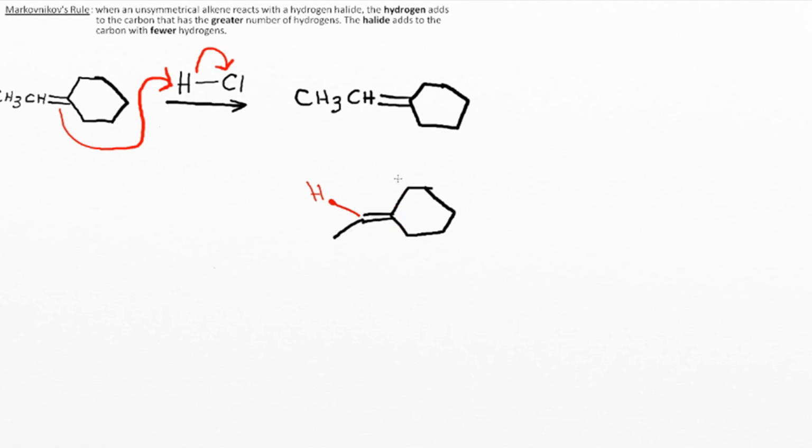So this carbon is happy and doesn't have any hydrogens on it. What about this carbon? Well, we know 2, 4, 6, and now 8 electrons. So this carbon has this extra hydrogen on it, this one hydrogen. So Markovnikov's rule tells us that the hydrogen up here is actually going to come and attach to this carbon right here. So we should get a resulting product looking something like this.